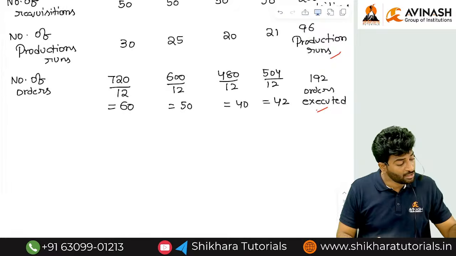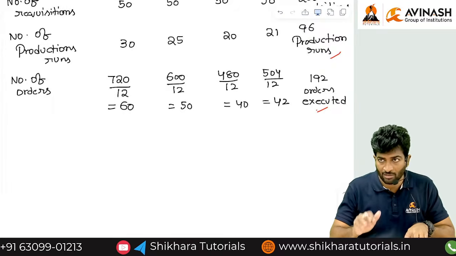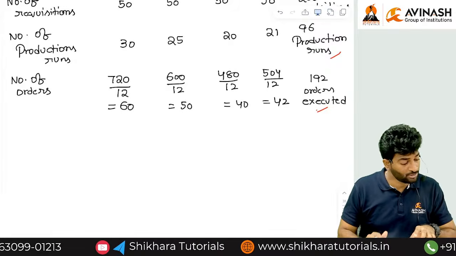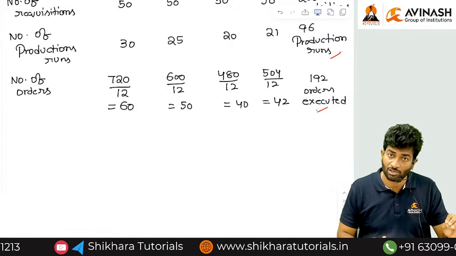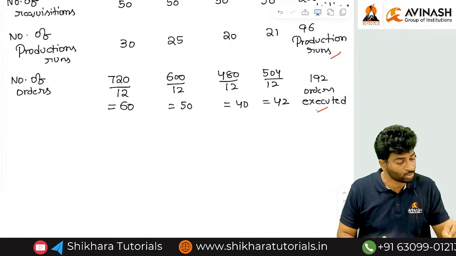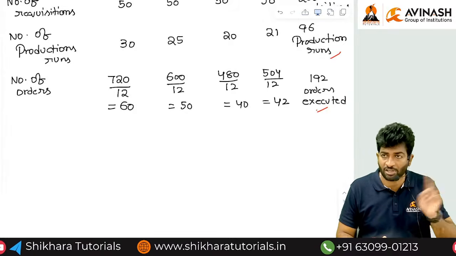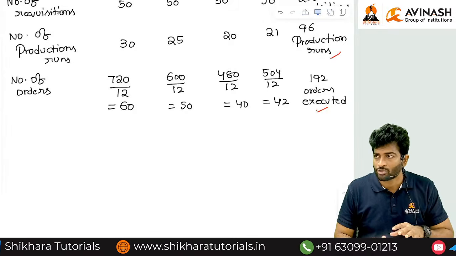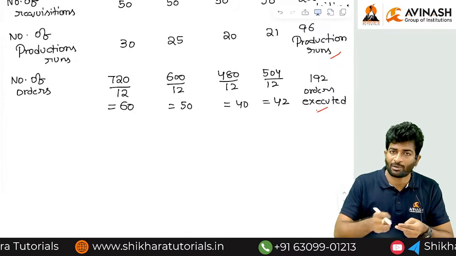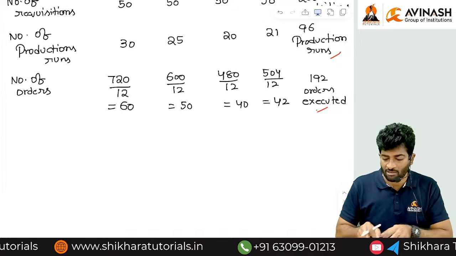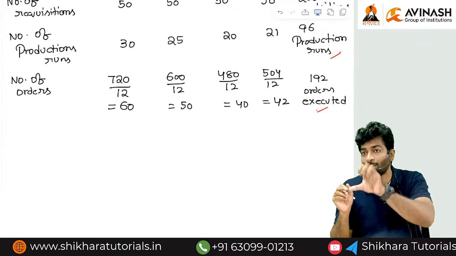Don't be in a hurry to use those numbers immediately by dividing with these resources. Before that, you need to allocate the machine operation and maintenance expenses share to setup, stores receiving, and inspection. After giving that expense, even that share also is to be recovered. So in your numerator, you should include those parts, then only divide with the production runs and orders so that you will get the appropriate absorption rate.